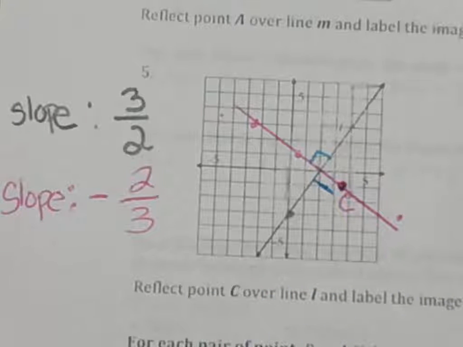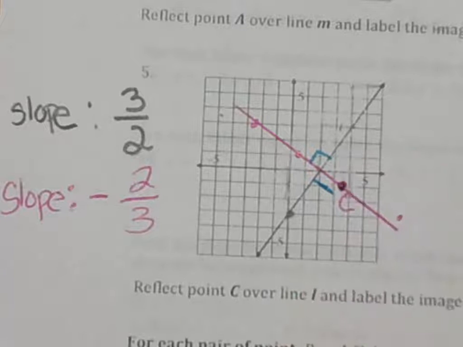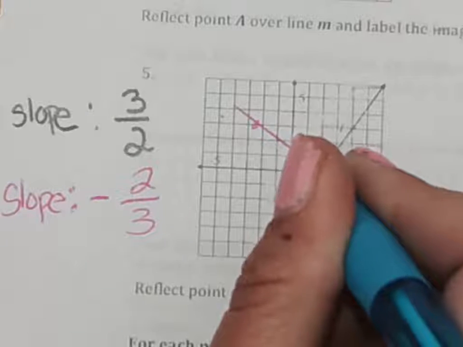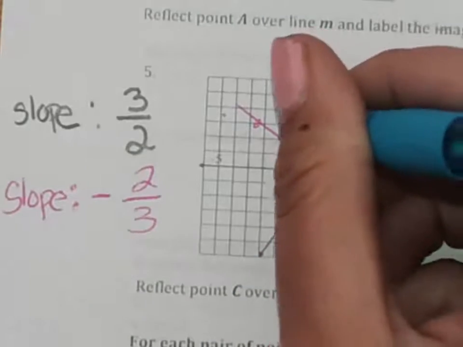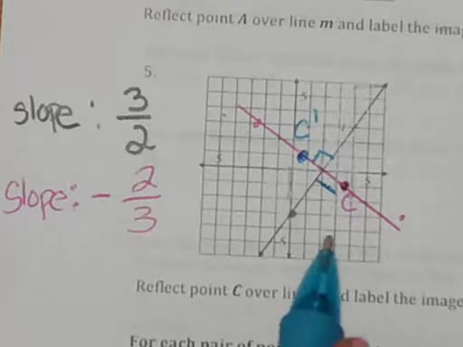Okay, so it looks like this one is the same distance away. So that would be your C1. So it has to be on the pink line, the perpendicular line that we drew in, and it has to be the same distance away.